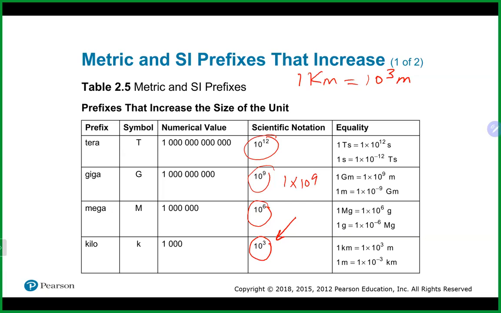If you had 1 kilogram, that would be 10 to the 3 grams. So that is the proper way to use those conversions. Again, very commonly misused by people. So for example, here, mega is 10 to the 6. So in 1 megagram, there would be 10 to the 6 grams. This is the proper way to do it.